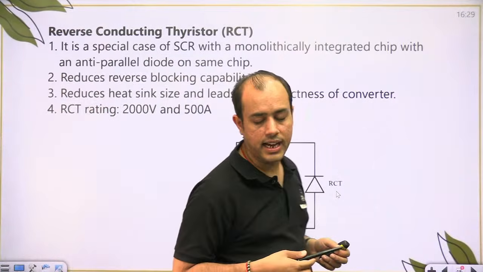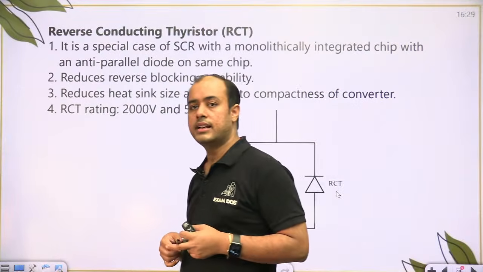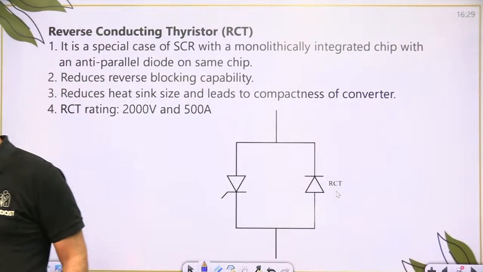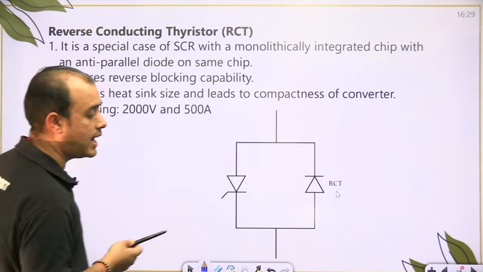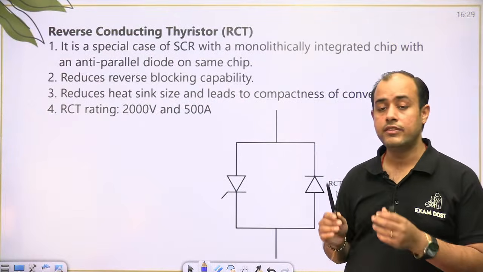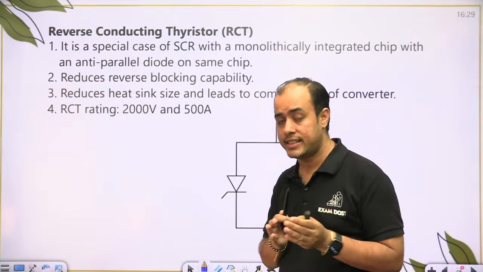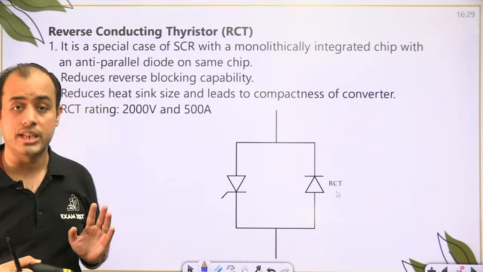Now, reverse conducting thyristor. It is a special SCR in which you are creating an integrated circuit in which you are fabricating a SCR and an anti-parallel diode on the same chip.